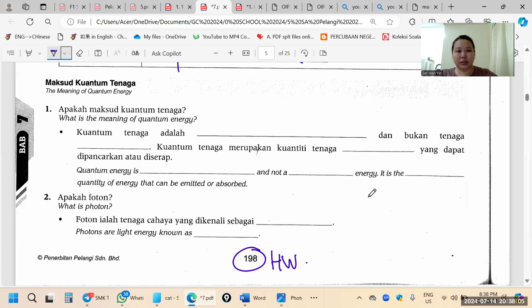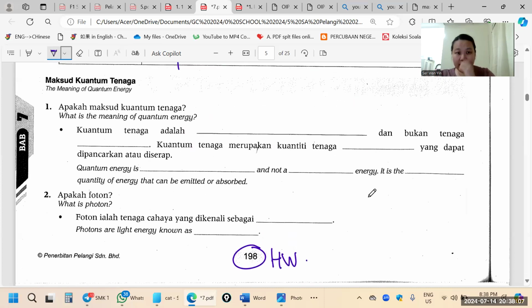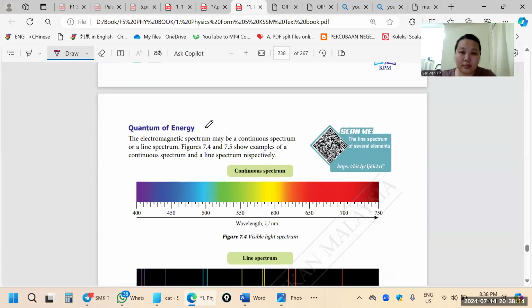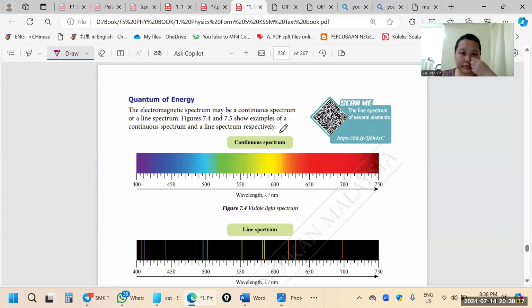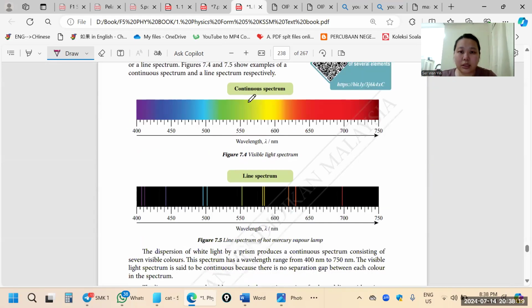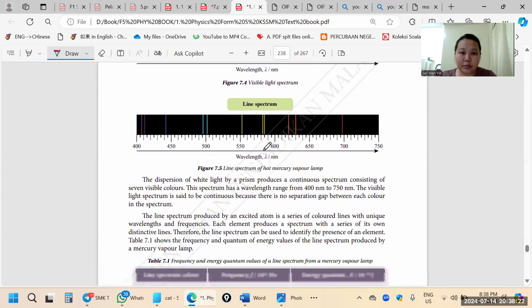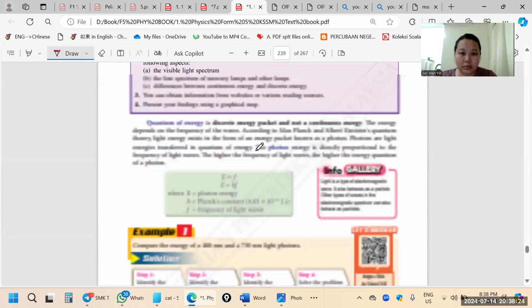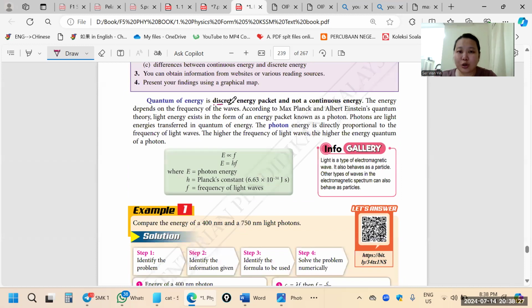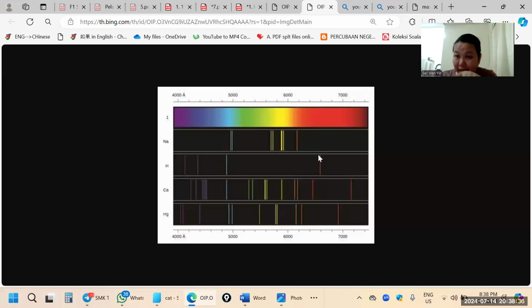Okay, like when it comes to quantum energy. So what is quantum energy? Okay, so this is a continuous spectrum, this is a line spectrum. Quantum energy is a discrete energy packet and not a continuous energy. Okay, packet. Discrete energy, one packet.